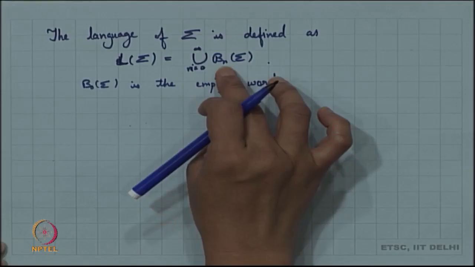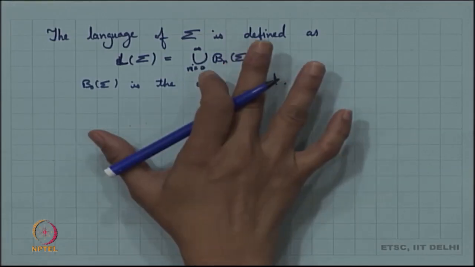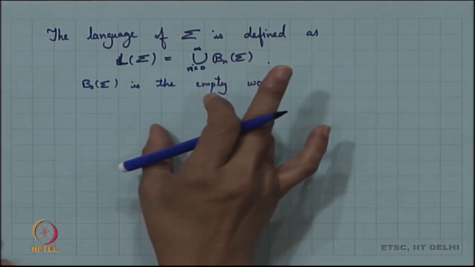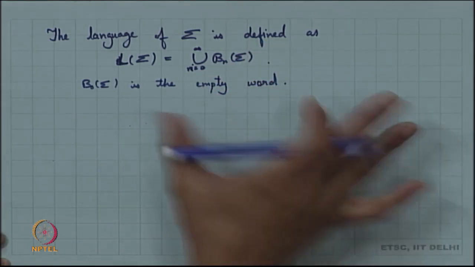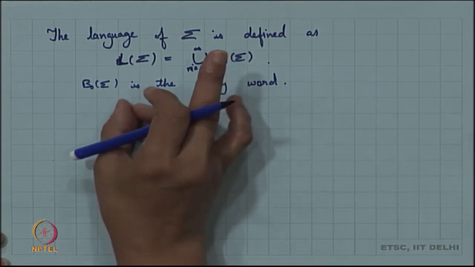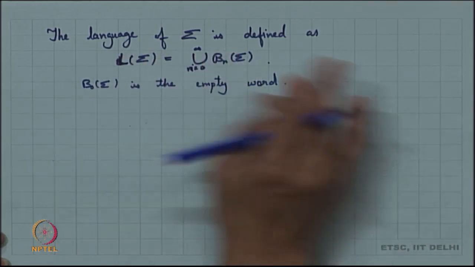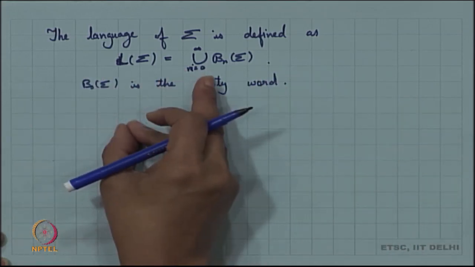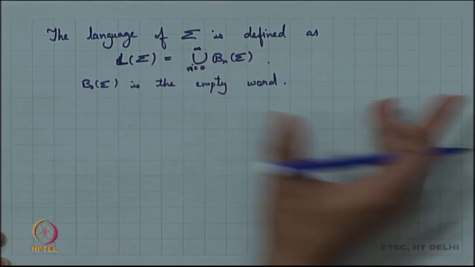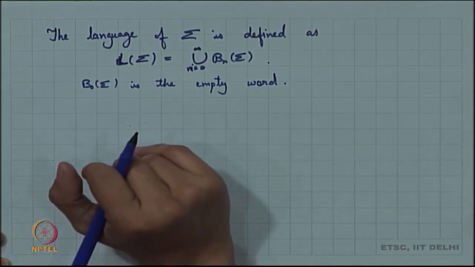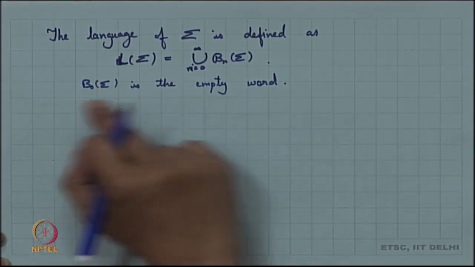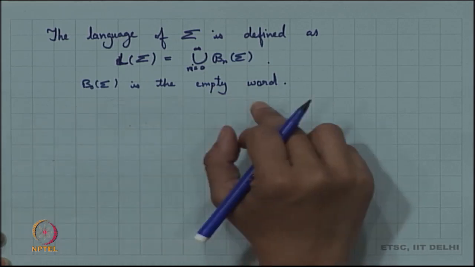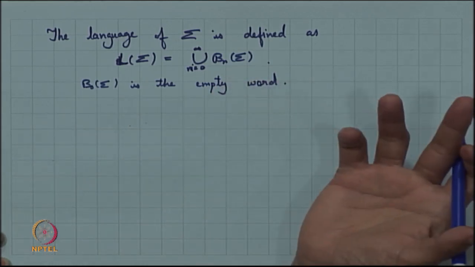You concatenate two words, you get another word, and since the language is characterized by the fact that you can concatenate two words and get another word in the language, under the operation of concatenation this language forms a semigroup. And the empty word turns out to be something like an identity.